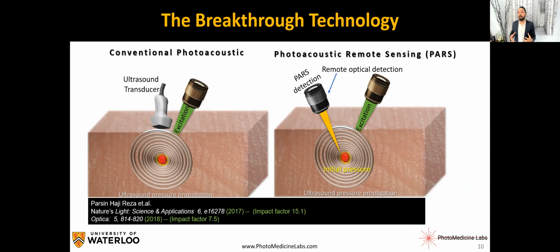This is a new way for us to form images. So we take advantage of optical absorption and a little bit of changes in temperature and pressure to look at the changes in optical properties of the material, in which our detection laser is going to be affected or modulated based on basically the initial pressure and the initial temperature that we generate at the origin.